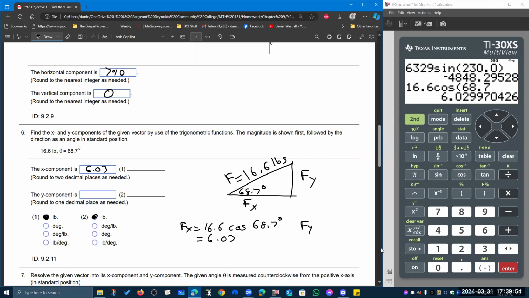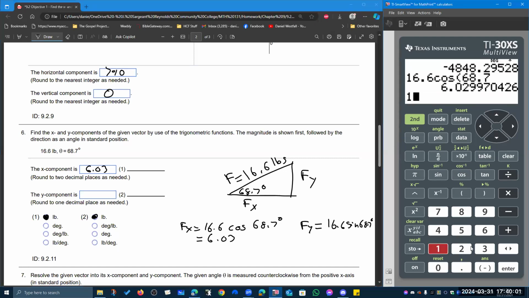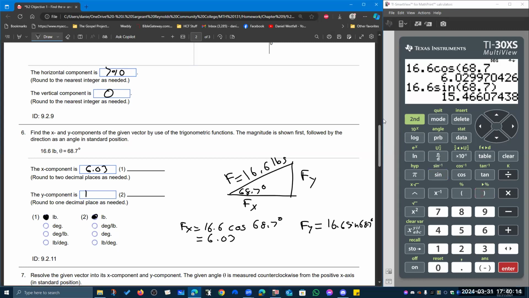And F sub y is going to be 16.6 sine of 68.7 degrees. They're going to tell us to round to 1 decimal place here, again to get us to 3 significant figures, because this is 15.5. These are in pounds of force.